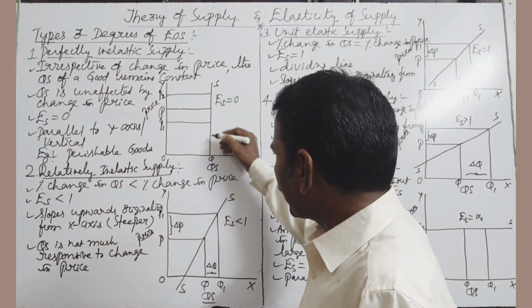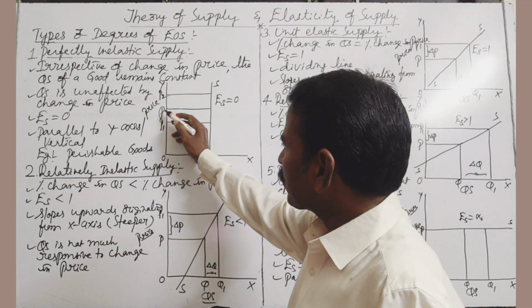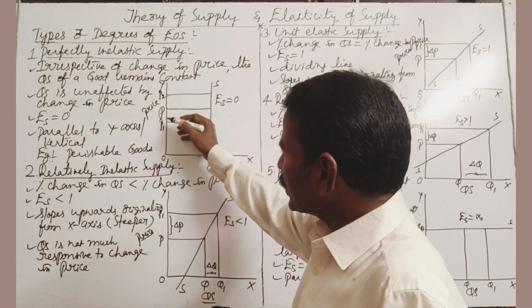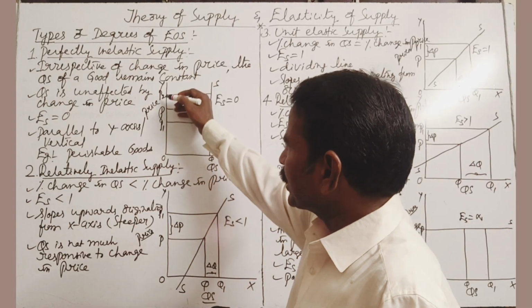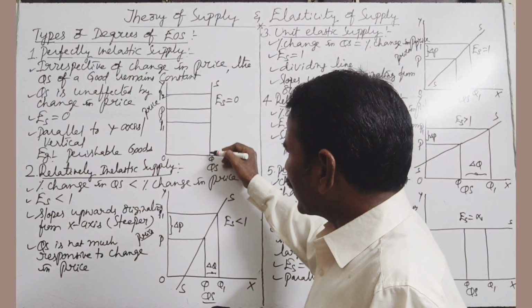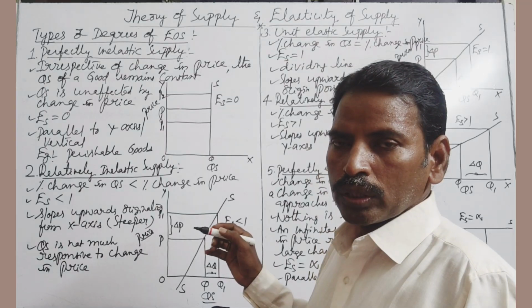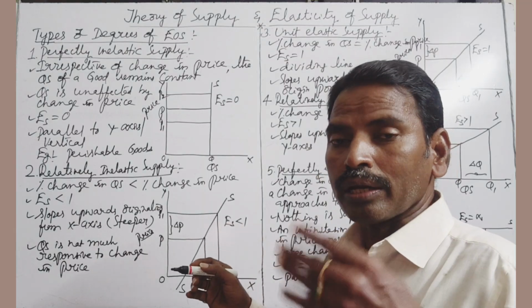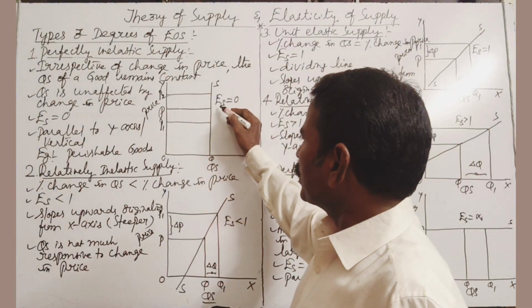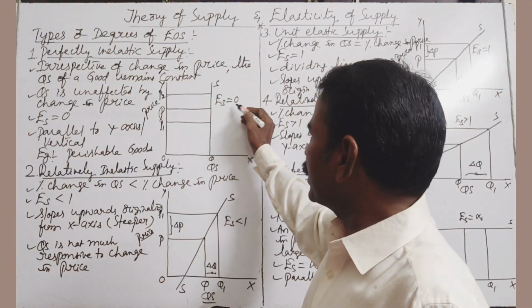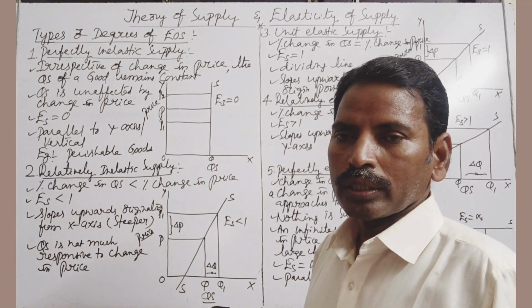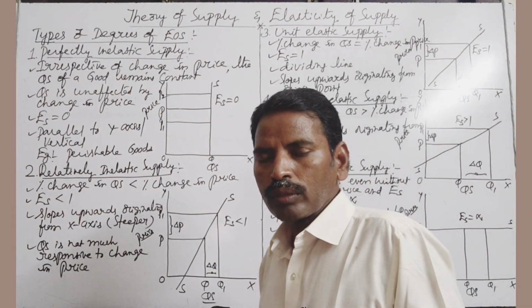This is the supply curve. The original price is OP; price decreases, price increases, quantity supplied does not respond. So quantity supplied is unaffected. Therefore, coefficient of supply ES is equal to 0. This is the first case.